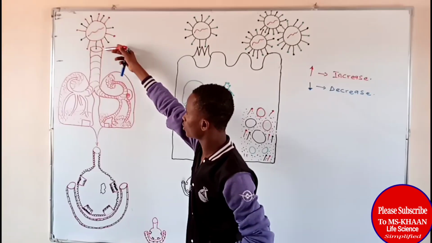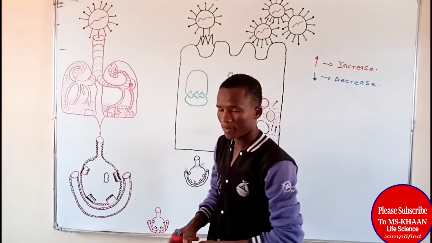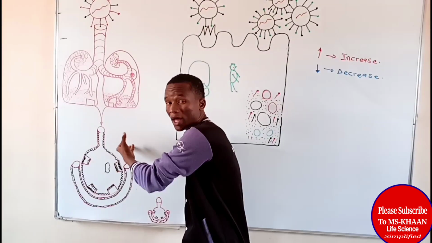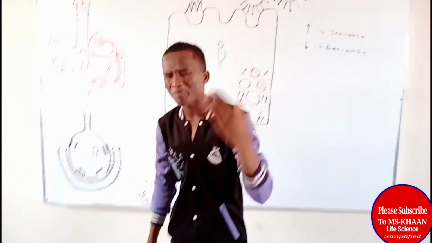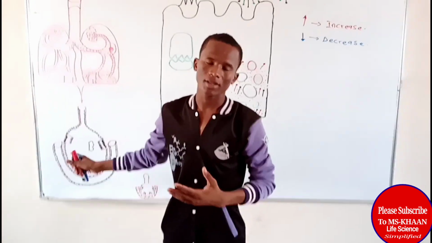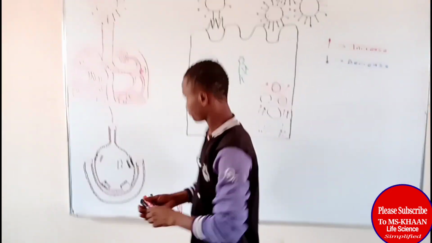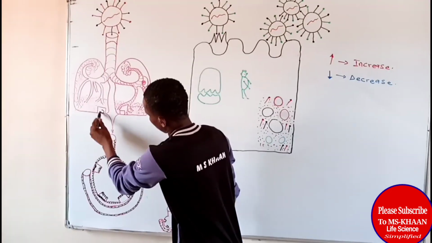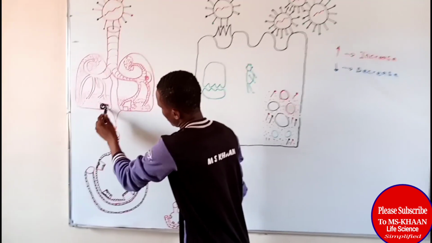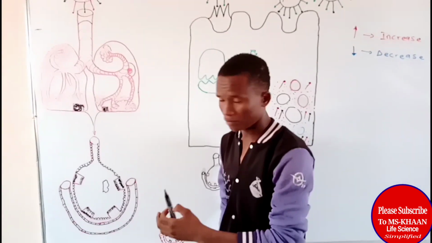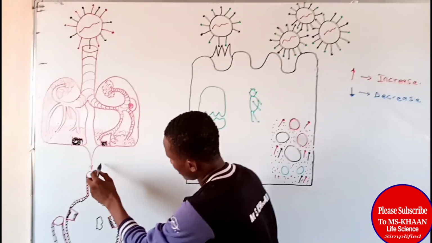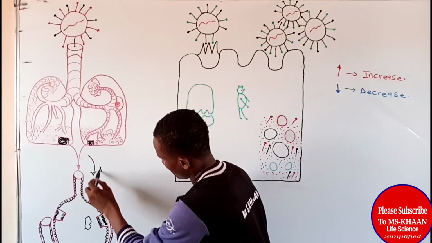So let's get started. A person gets in contact with the virus, maybe after an infected person sneezes or coughs and releases respiratory droplets, or the virus gets on a surface and you come in contact with it and potentially touch one of your mucous membranes, which are the nose, eyes, or mouth, and potentially get inoculated with the virus. The virus then follows the respiratory chain. It enters the respiratory organs, the lung, and potentially the alveoli. I told you in my last video that the virus is only pathogenic, it's only affecting the alveoli. So this is the alveoli, and this is where the virus is targeting. For proper understanding of what happened, I will take this as my alveoli.